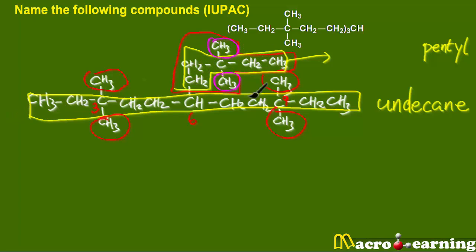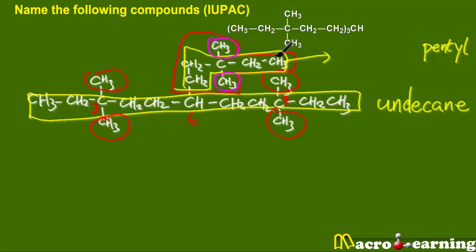Not the numbering for this entire alkane molecule, but the numbering within this substituent group. So we have 5 carbons, right? Numbering goes from the carbon that's connected to the main chain. Alright, so this will be number 1, 1, 2, 3, 4, 5. So both methyl groups are on the 3rd carbon in this substituent.